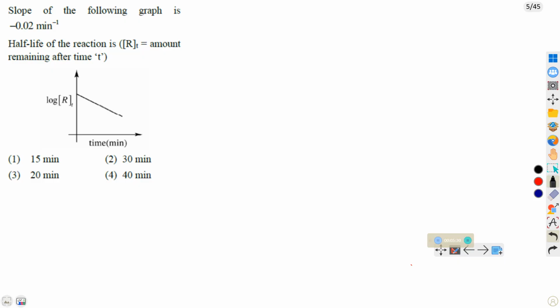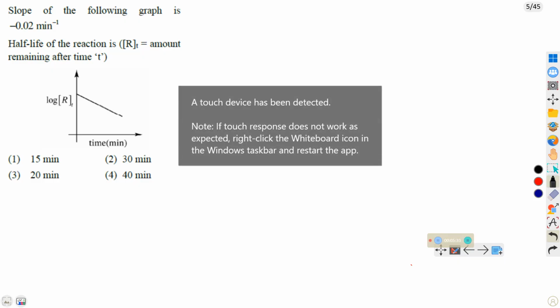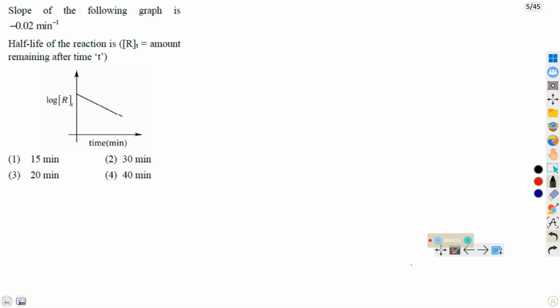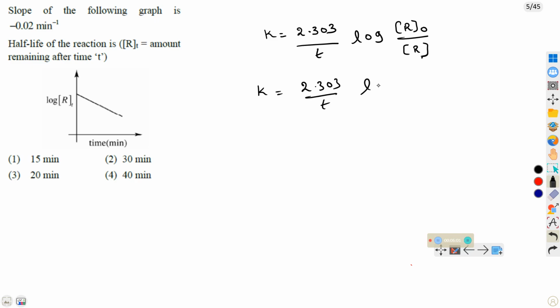Slope of the following graph is minus 0.02 per minute. Calculate the half-life of the reaction. First of all, the integrated rate equation of a first order reaction: k = 2.303/t log(R0/R), or it can be written as k = 2.303/t (log R0 minus log R).